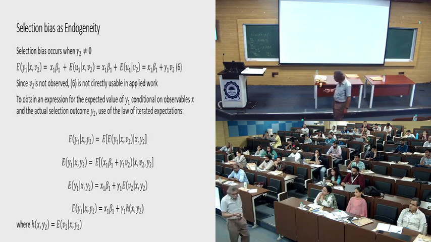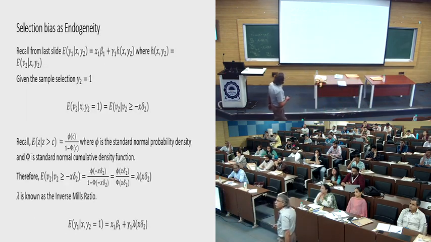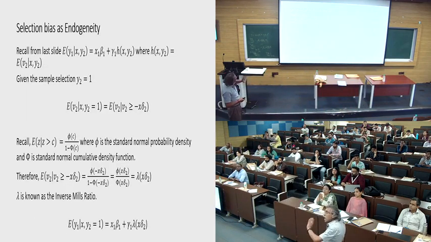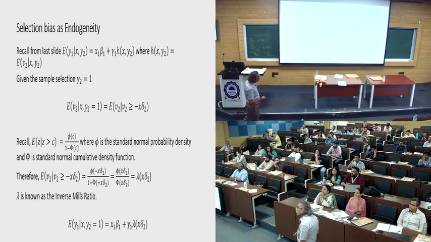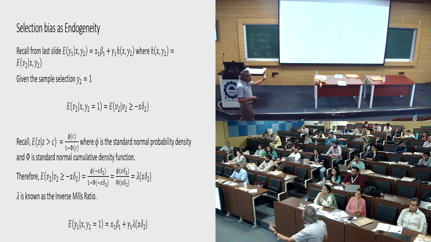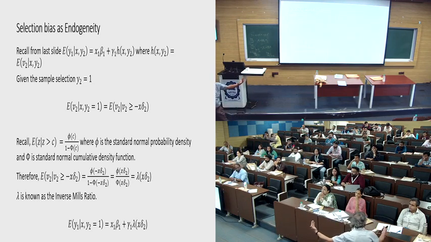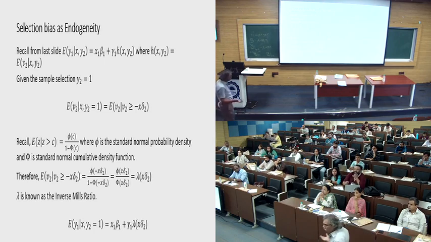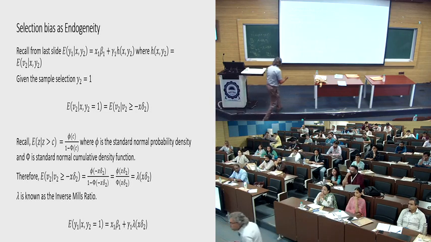Okay, clear? So given this, what do I then want to do? I have this expression given the sample selection equation y2 equal to 1. What does it mean? The expected value of v2 conditional on x and now the participation y2 equal to 1, which would be nothing but the expected value of v2 conditional on v2 greater than minus x delta 2. Is it too tough? I don't think it is that tough actually, but anyway, it could be.